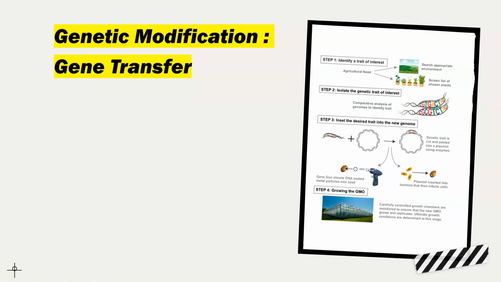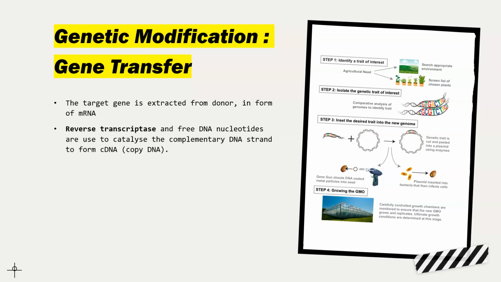Okay, so looking at genetic modification and gene transfer. The target gene is extracted from the donor in the form of mRNA. So first of all, we're identifying that required trait. Then we're actually going to extract the target gene, which has been done here in step 3 in the diagram.